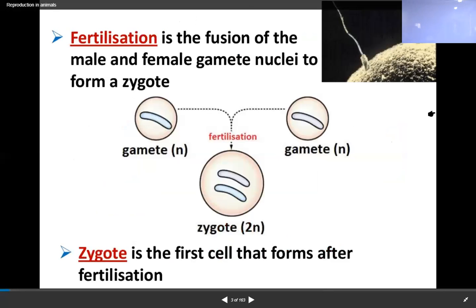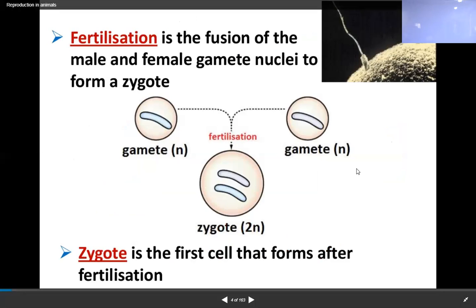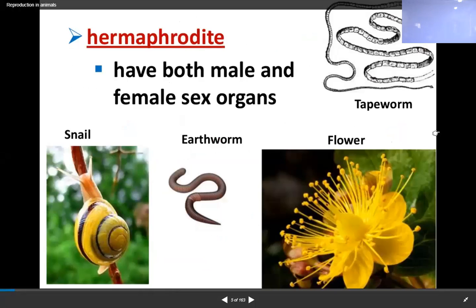So, yes, fertilization, we have studied about it. It is the fusion of male and female gamete nuclei to form a zygote, single gamete, male gamete, and female gamete. Fertilization, zygote will form. So, zygote is the first cell that forms after fertilization. Hermaphrodites have both male and female sex organs present in a single body.